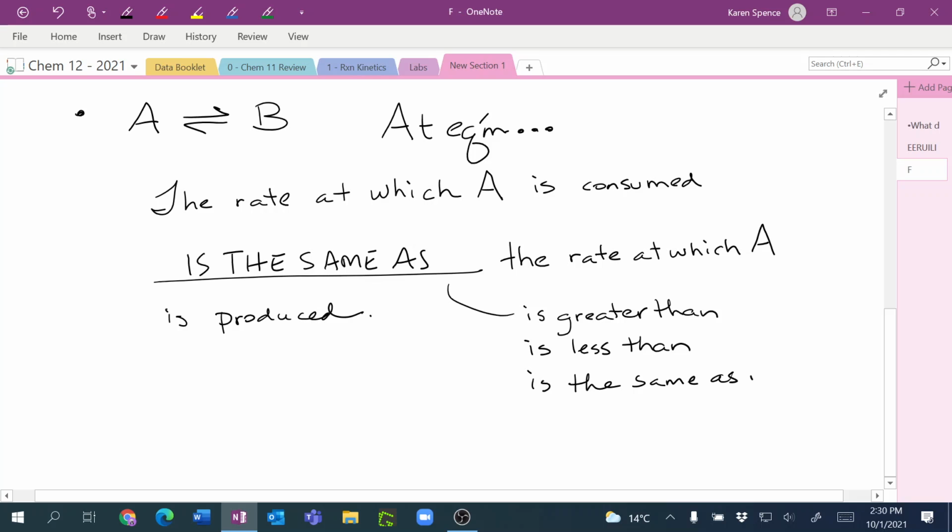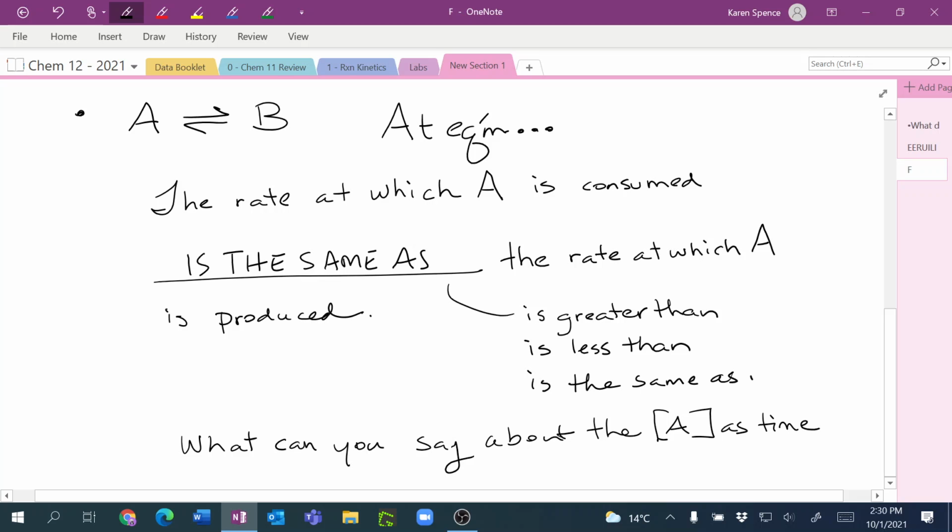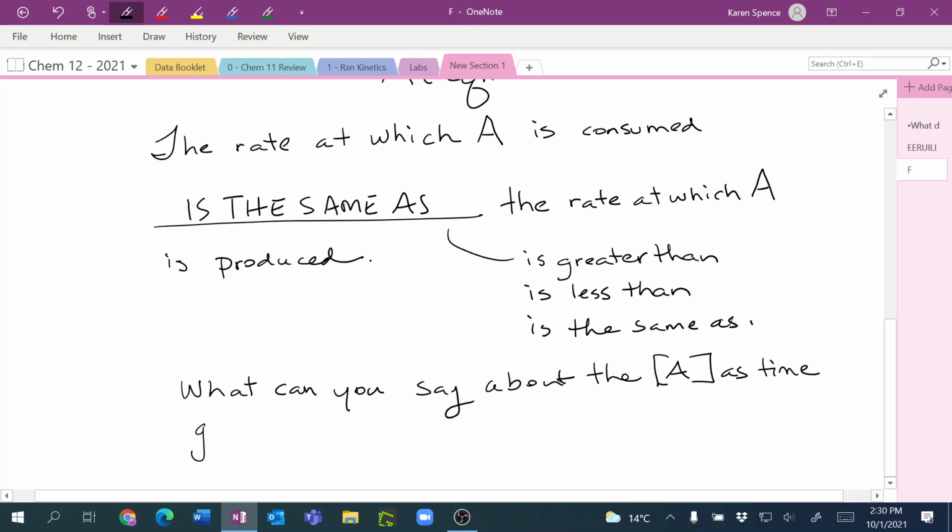So what can you say about the concentration of A as time goes on? It stays the same because we're producing it at the same rate as we are using it up. Yes, it stays the same.